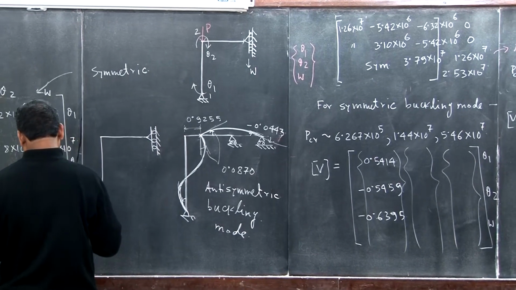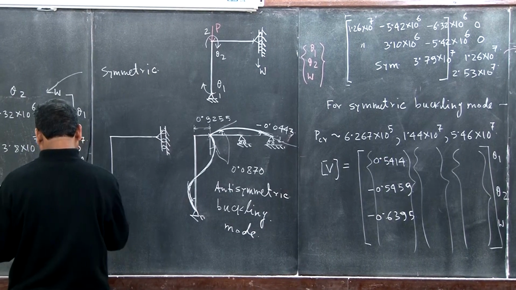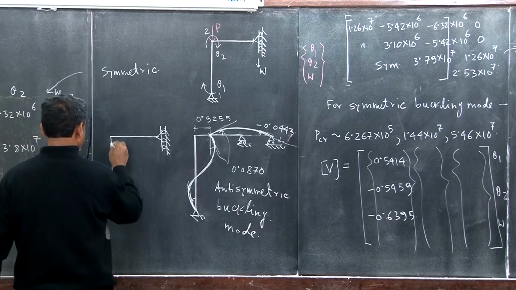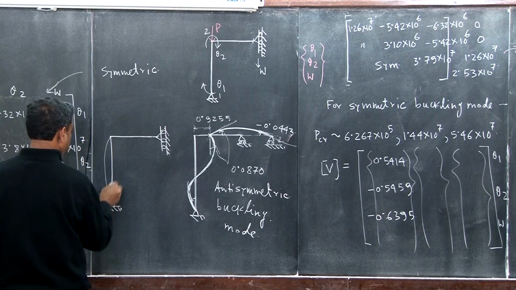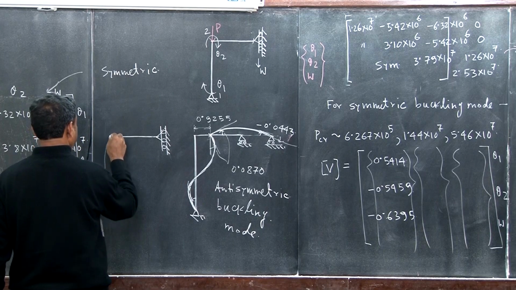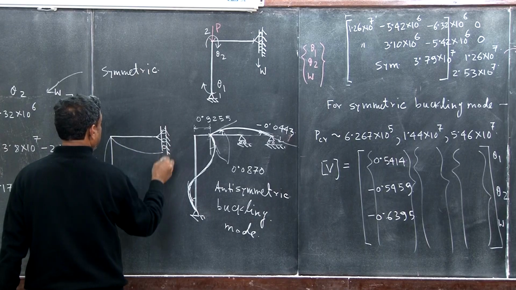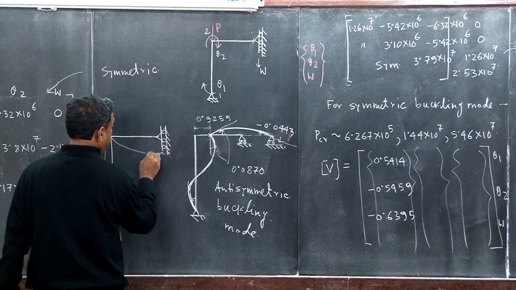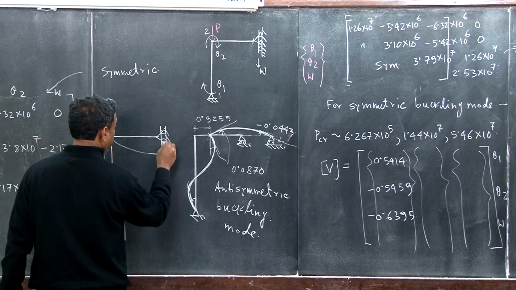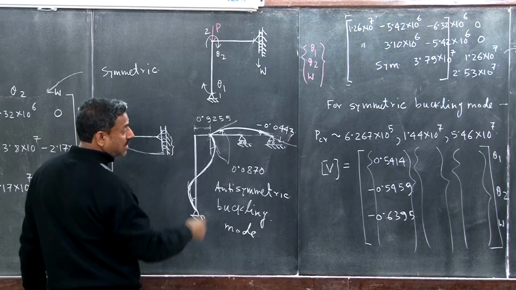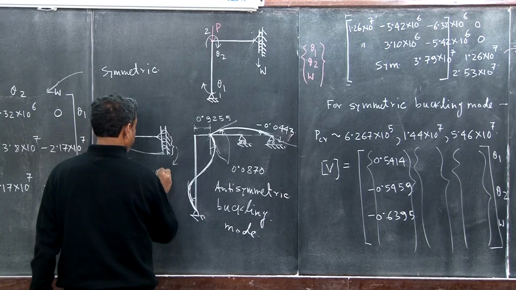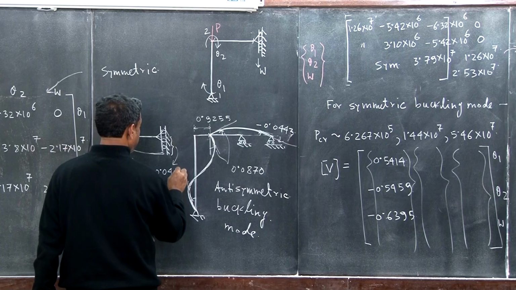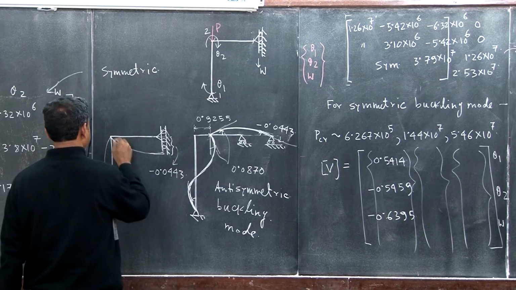So it will be something like this. This is anticlockwise, and then here it will come down like this. Okay. Here, of course, the rotation will be 0, and this deflection is nothing but minus 0.0443. This is clockwise rotation.